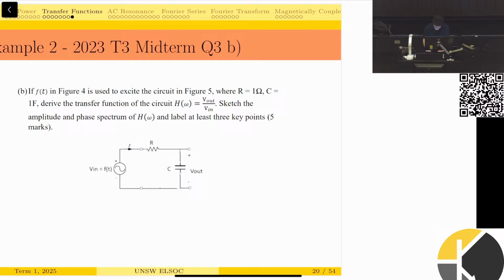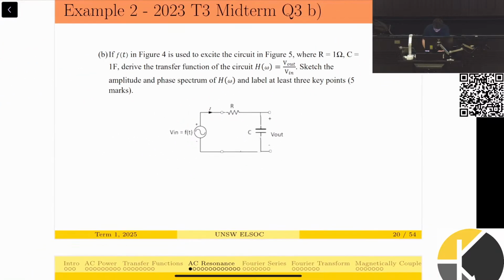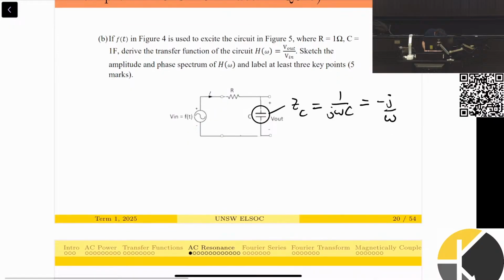Okay, this is a pretty standard transfer function. The complex impedance ZC is going to be 1 on j omega C, which is minus j on omega. The resistor is 1.